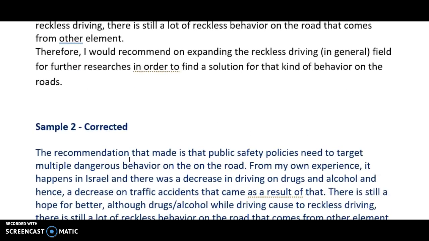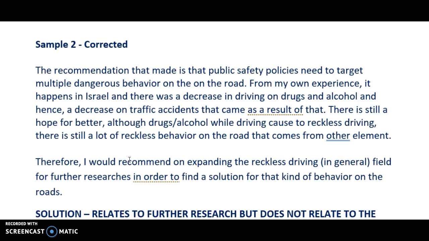So if I go down here where I've corrected the paragraphing, what do we see? Is that there are multiple dangerous behaviors, and there was a decrease in driving and drugs. Okay. But there's still hope for the better.